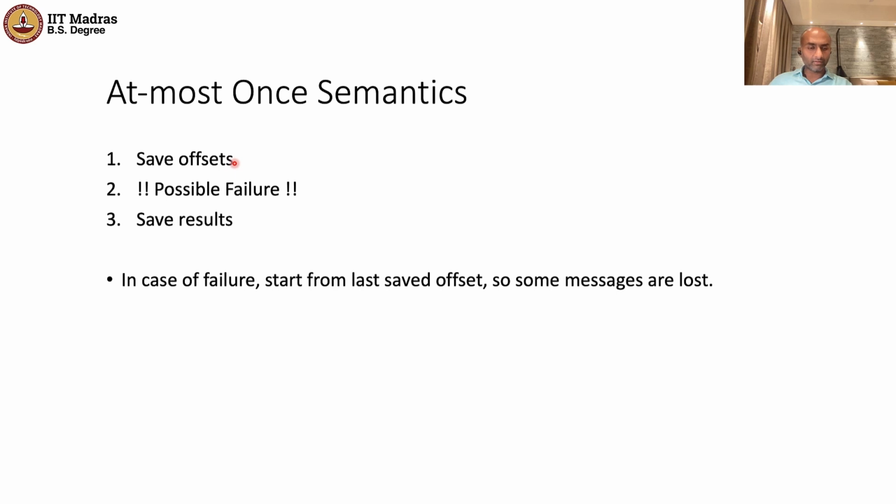Let's say the offset was 10, which means I'm reading the 10th message in that partition. I finished reading, and then I've saved the offset as 11, and then there is a failure. When the consumer is started again, it's going to pick up from the offset that it thinks is where it left off, which is offset 11.